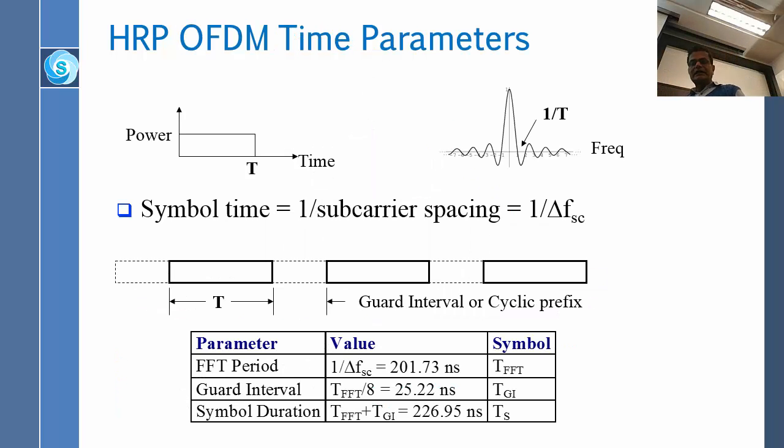So this slide, which we have somewhat finished, shows that there is a relationship between the time domain and the frequency domain: whatever you selected as the frequency spacing becomes the symbol duration, basically the FFT period.